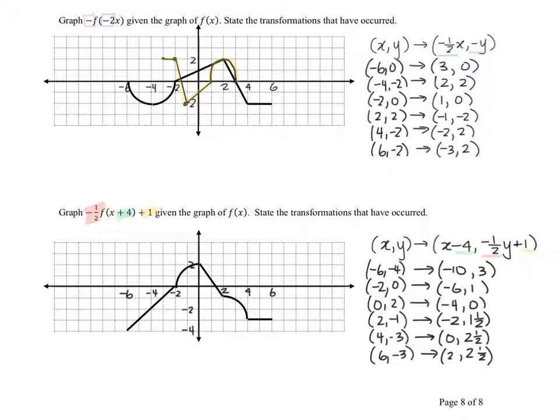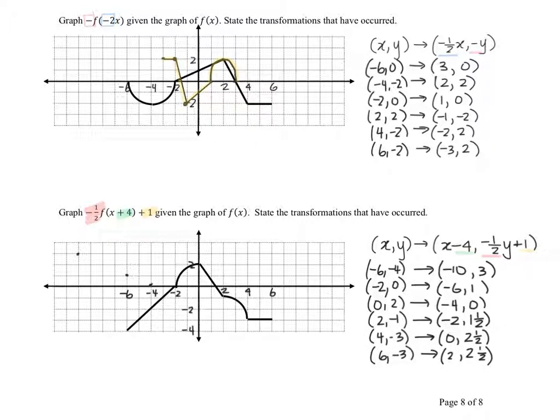So let's just plot these down. (-10, 3), right there. (-6, 1), right there. Okay. We have (-4, 0), right there.